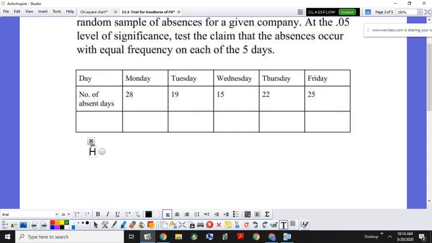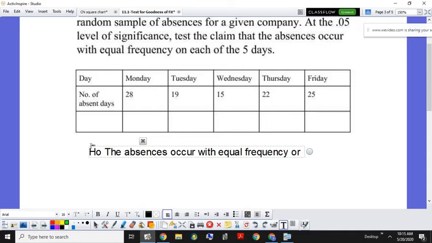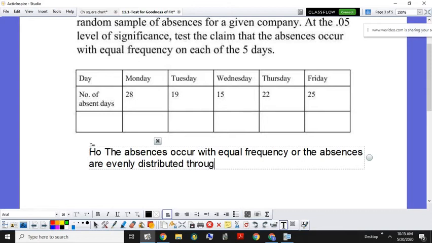Ho: the absences occur with equal frequency. Use your problem to make your Ho. Or you can say the absences, you don't have to do both, are evenly distributed throughout the week.